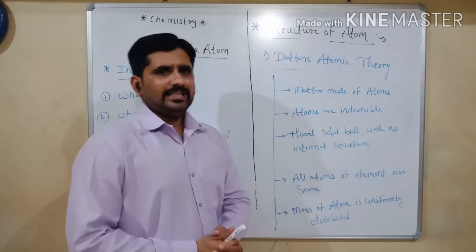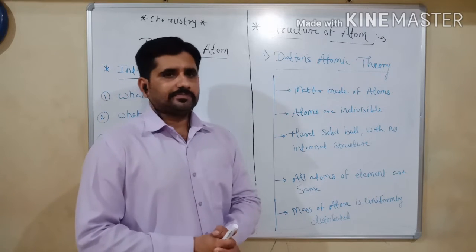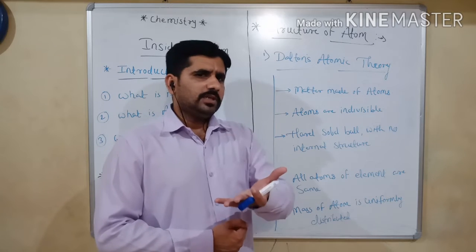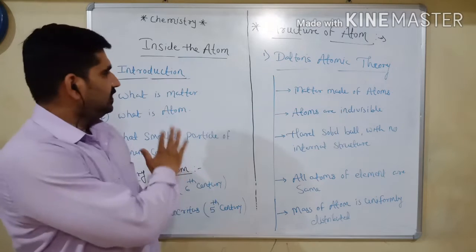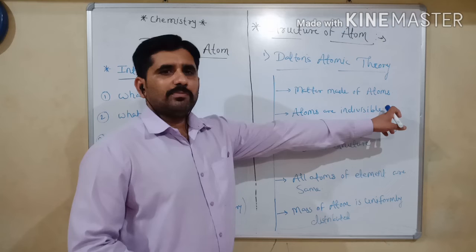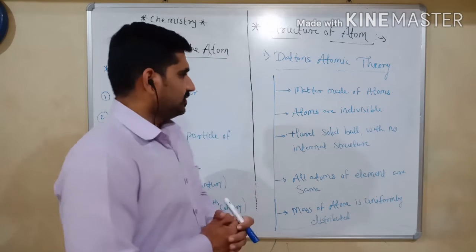Dalton was a British scientist and he gave his theory in the 18th century while studying the atom. So what did he observe there? He observed that matter is made up of atoms, that whenever matter is made, it is made up of small particles called atoms.